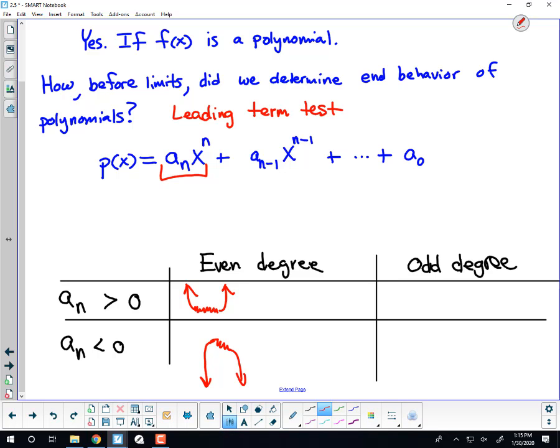Okay, pointed down. Odd degree with a positive coefficient started down and then ended up. Again, negative coefficient, it just reflected that thing across the x-axis. So it starts up and ends down. Okay, so quick algebra review there. Does anyone have any questions on that?